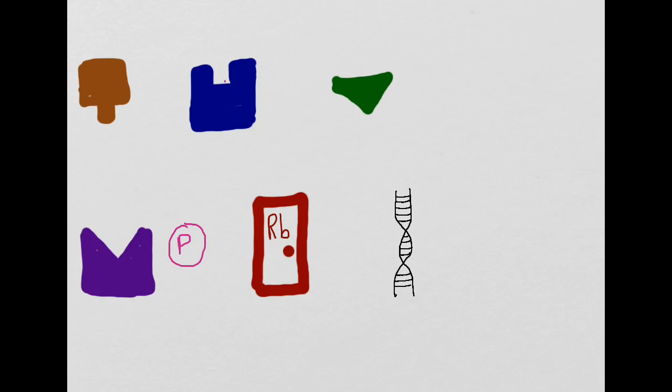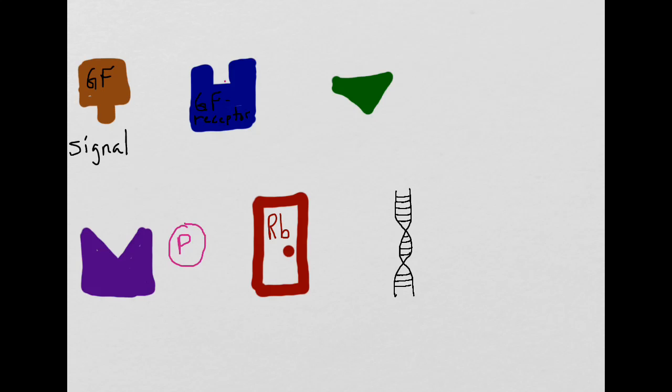So this first brown thing here, I'm going to write GF on it. This is our growth factor. This is the signal that tells the cell to divide. Okay. This is the growth factor receptor. Okay. So that's what the growth factor will land on.